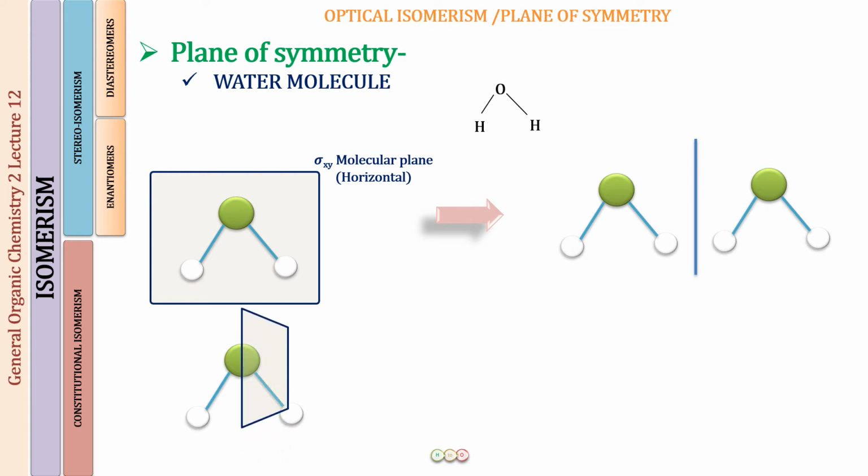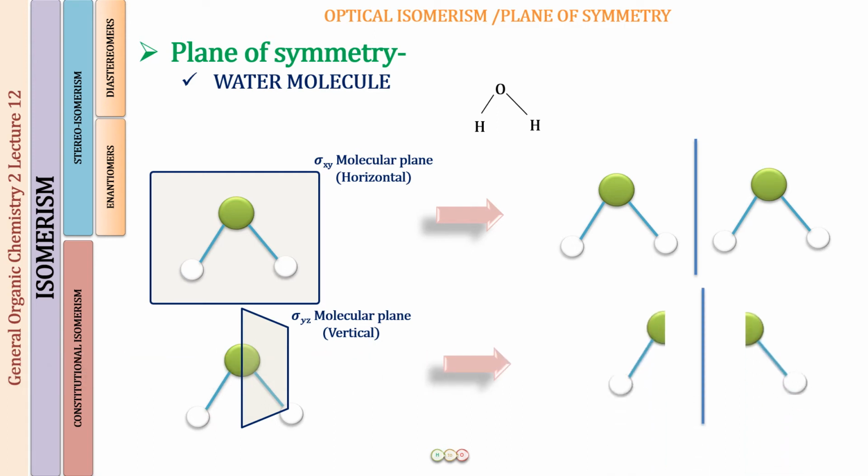So this is another plane that we have, which is going to bisect the molecule into two halves. What is this plane? This is the YZ plane. Now we are just going to put the card down vertically, and when I put it vertically down, it is going to cut the oxygen atom into two halves, and the two halves are going to carry one hydrogen atom along with them like this. So this is going to be one half and this is going to be the other half.